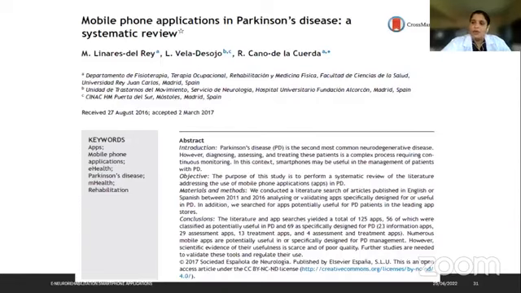Now there is one more problem: all these apps are not available on all platforms. Some of the apps are on Apple phones only, some are on Android only, and some are working on Windows phones only.